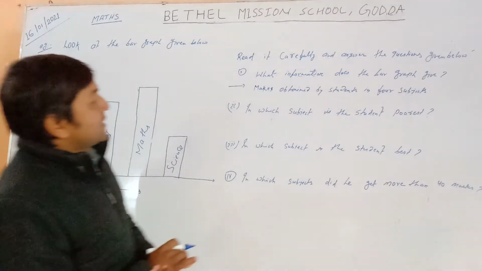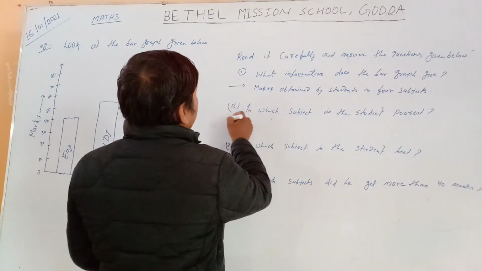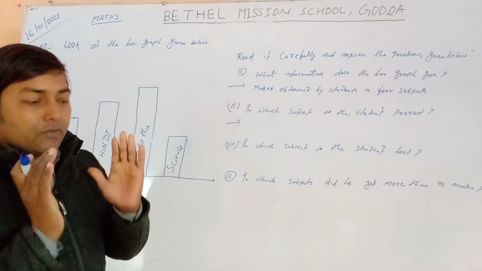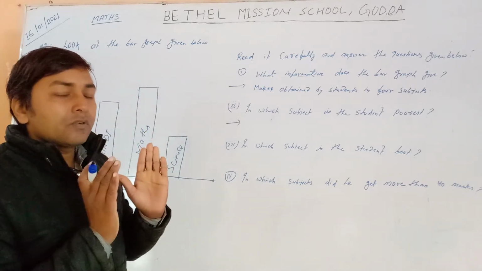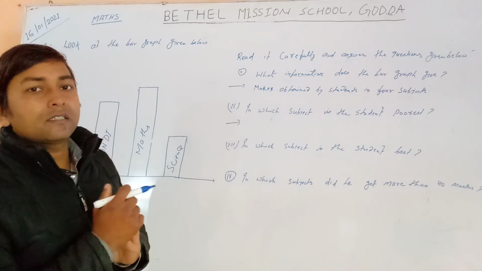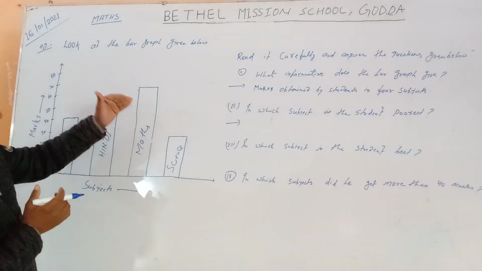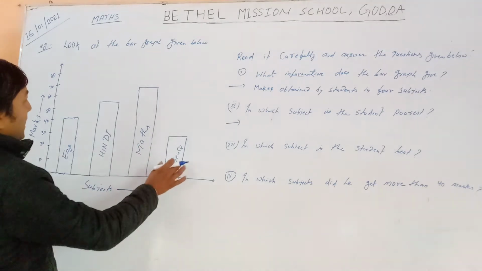Second question says: in which subject is the student poorest? Poorest means in which subject the students got the least marks. Okay, so the height of the bar is least here in science.